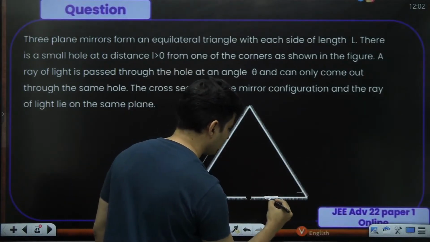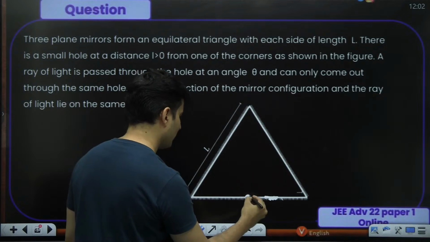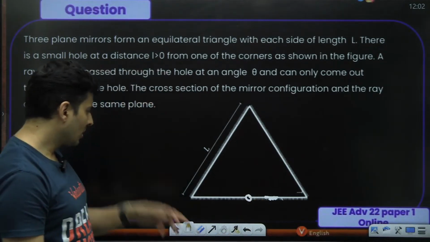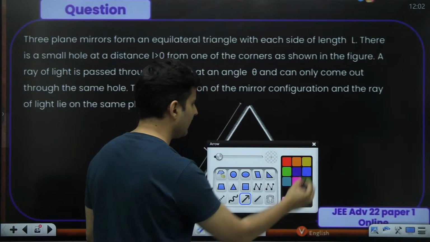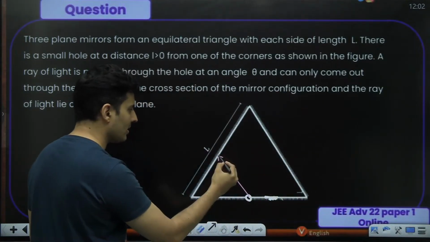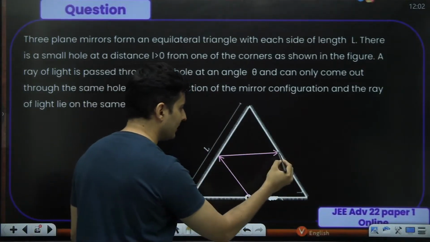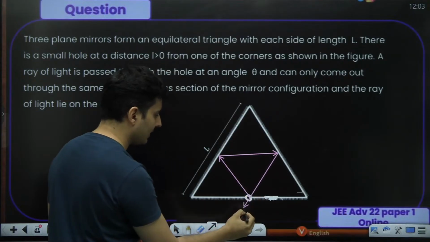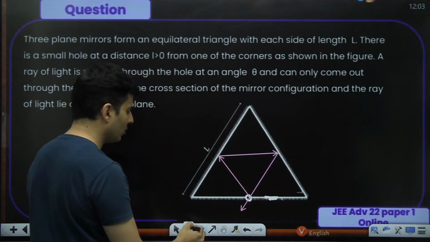How can the light exactly go? I think if it goes here, reflects like this, and then reflects like this, it will be able to come out after 2 reflections.